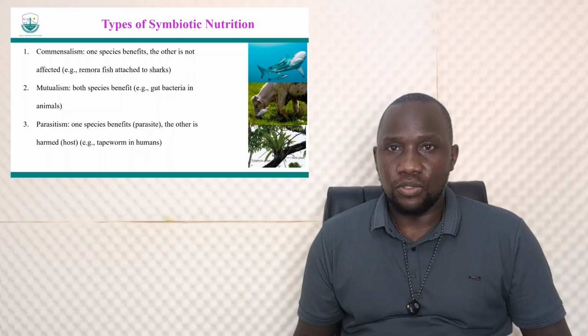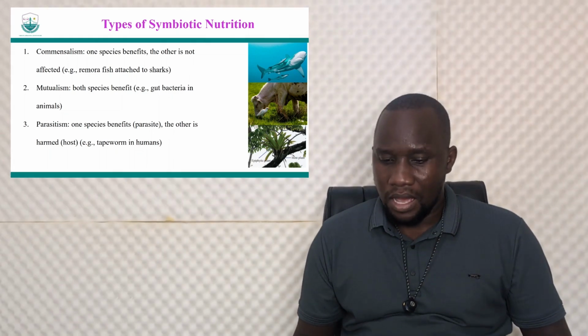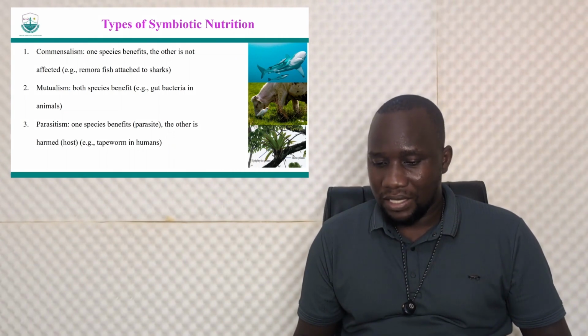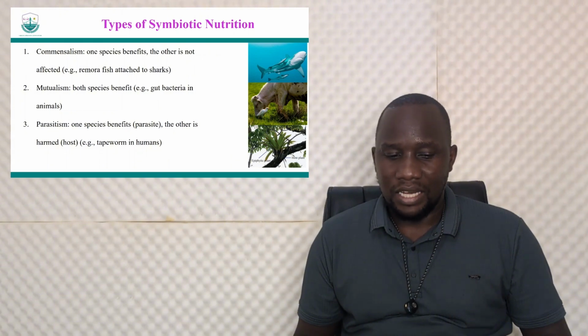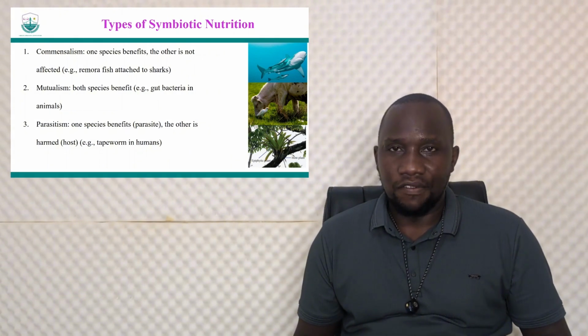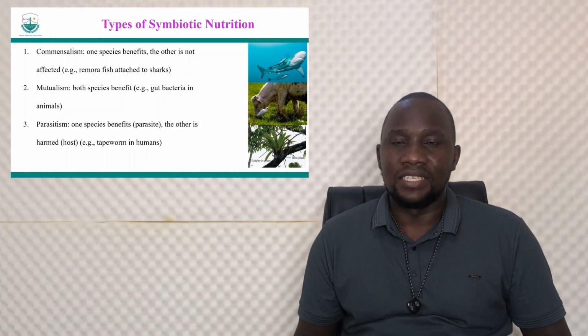So that relationship is what we call parasitism. And we can have, for example, a plant in here that is growing on another plant. You can see that that definitely is parasitic.